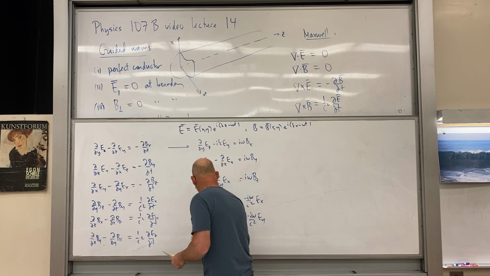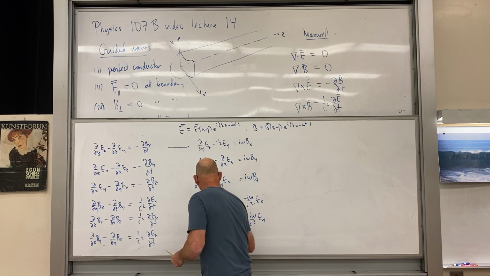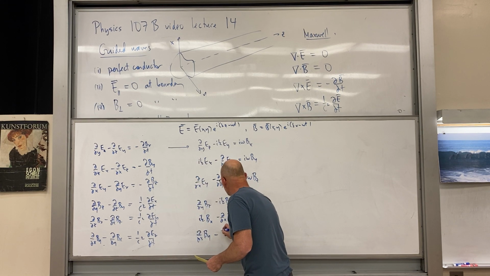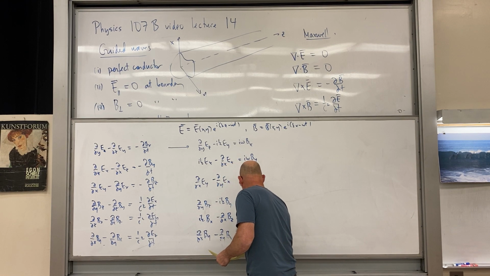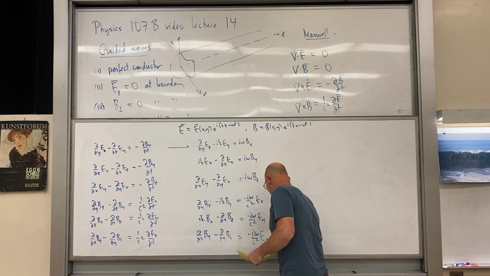And finally, dx equals minus i omega over c squared Ez.